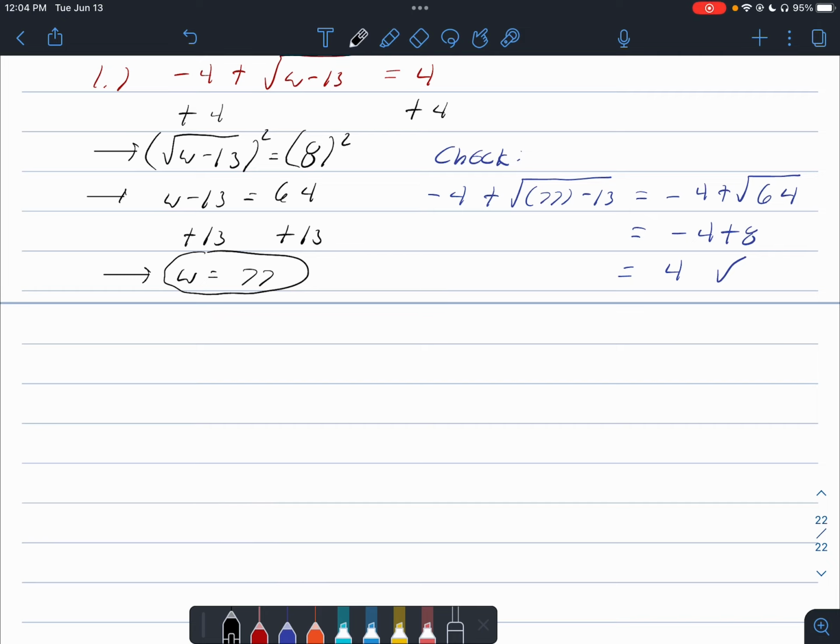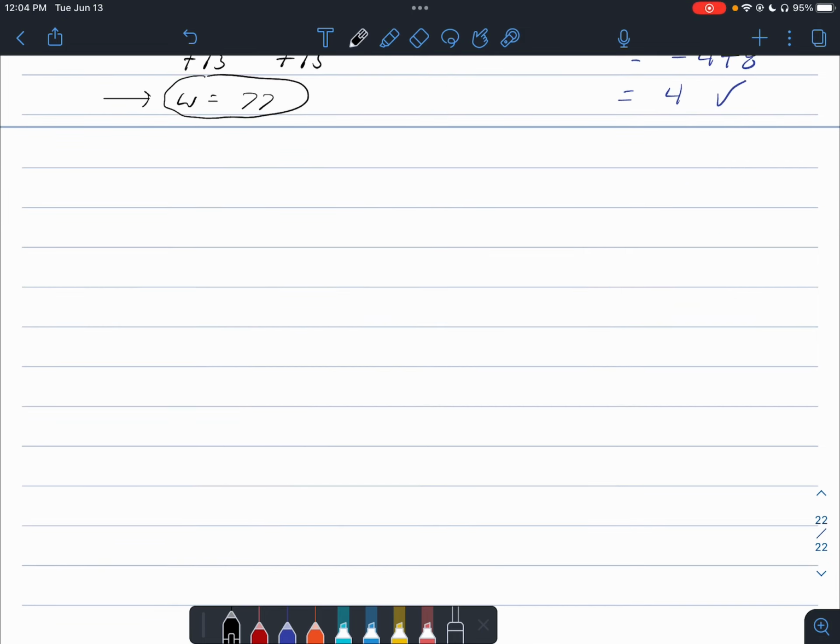Let's take a look at another one. Let's do the square root of x minus 9, and then minus 2, is equal to 6. Here, we can just add 2 to both sides, and we'll get that the square root of x minus 9 is equal to 8.